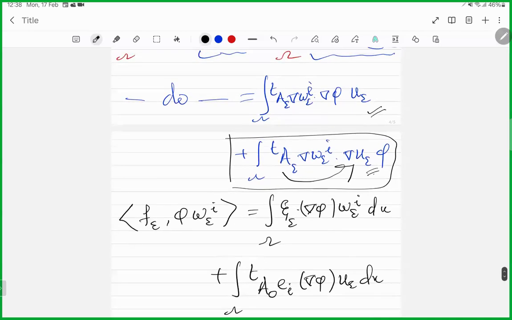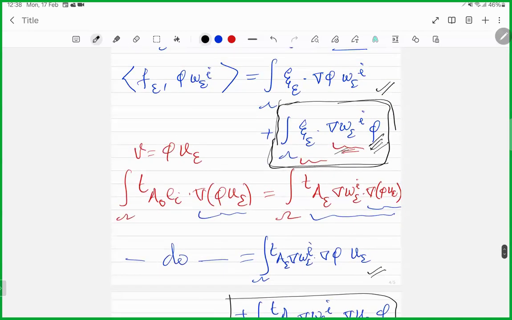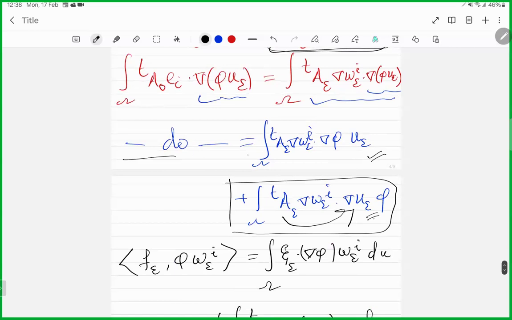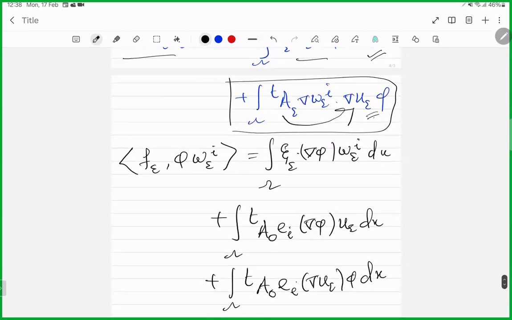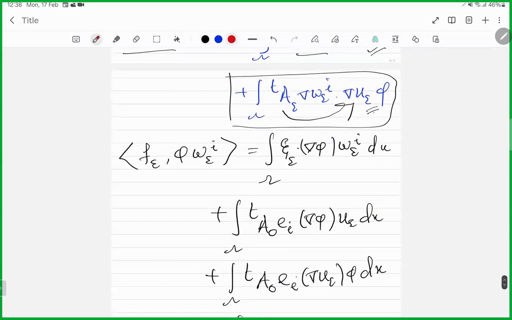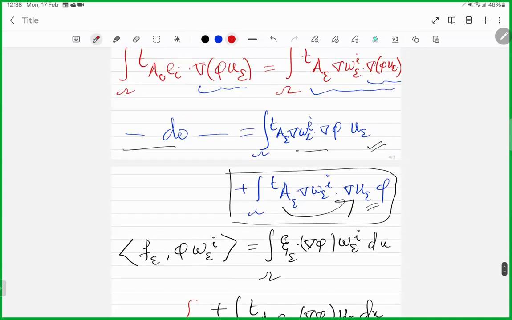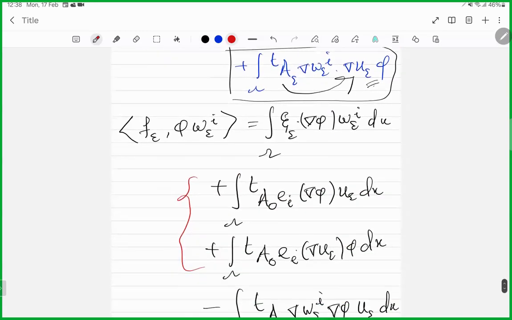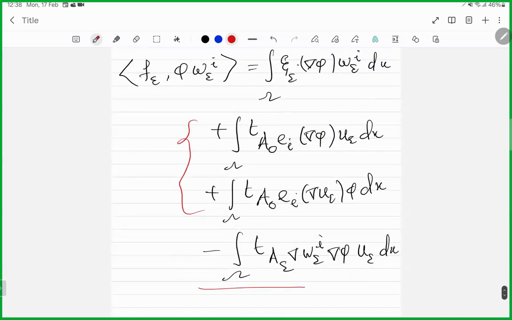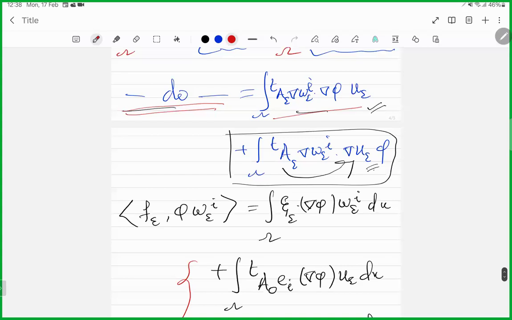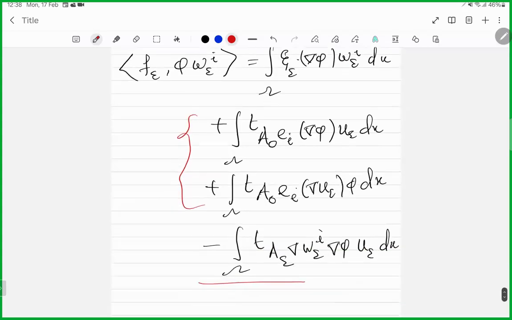What I've done is just replace this term using the equations here. These two terms come from the left hand side, and this term with the minus sign is actually this term. Now I can pass to the limit throughout.